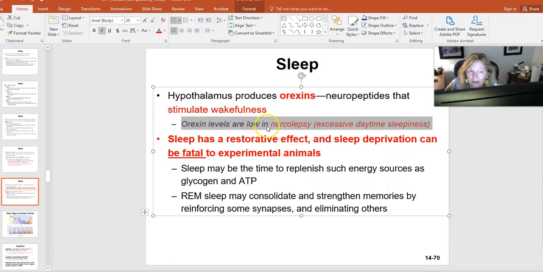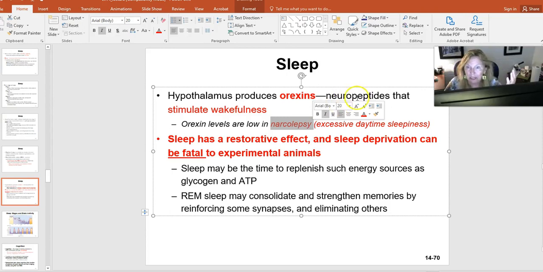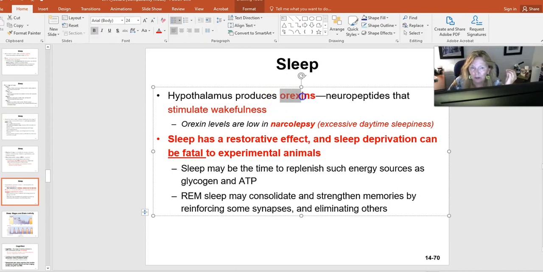If they don't have enough orexin, then they're going to have what's called narcolepsy. Narcolepsy means that you can fall asleep even during the day when you're supposed to be active. So falling asleep driving, falling asleep in meetings, falling asleep in places where it's not appropriate for you to be falling asleep. That's called narcolepsy, and it's due to low levels of this particular hormone called orexins.